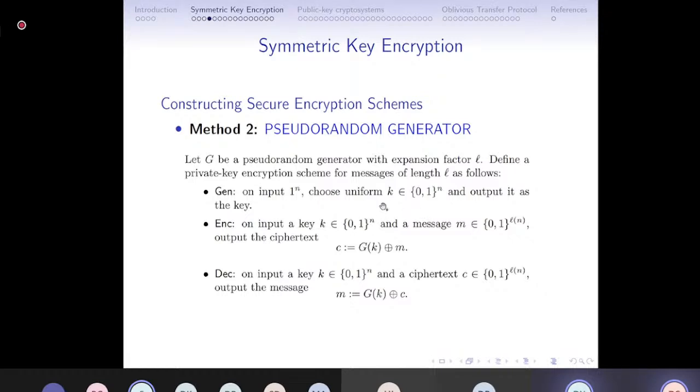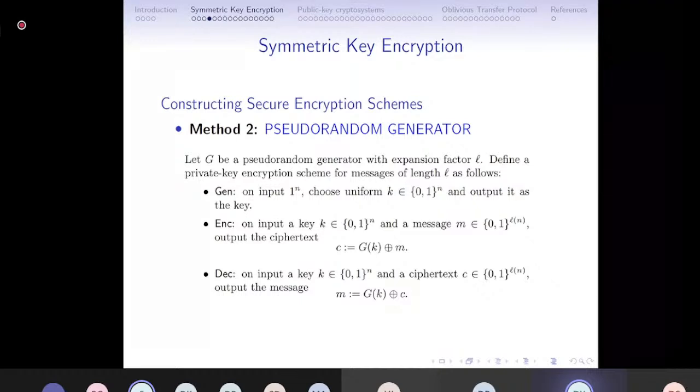Then, to encrypt an L length message, we feed this key value to the pseudo random generator function. It converts the input into an L length output, and then we perform the exclusive OR operation. In this way we go from a low bit input to a high length output, encrypt, and send the ciphertext to the receiver.